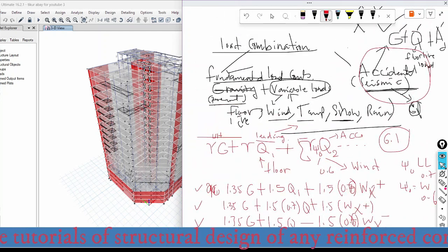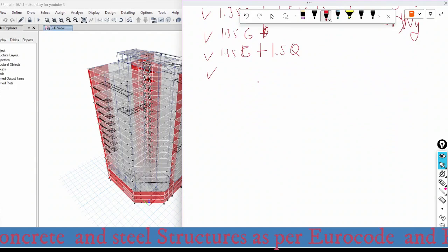Now, the basic and fundamental one is this one, because our structure is located in a seismic condition. So, here, seismic combination.